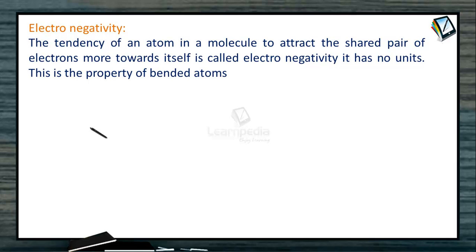These bonded electrons are attracted towards one of the atoms in the molecule, depending upon the nature of the molecule. The tendency of pulling electrons is nothing but electronegativity. Electronegativity is the power of an atom to pull the bonded electrons.